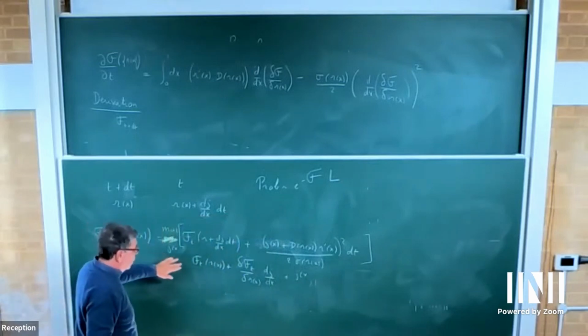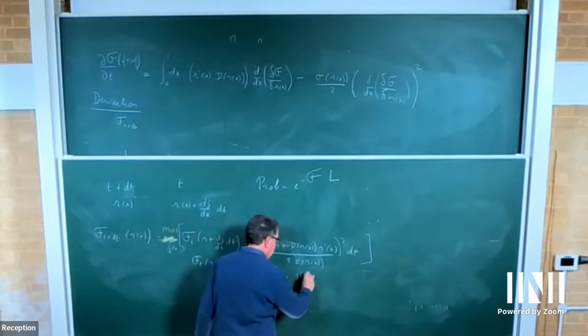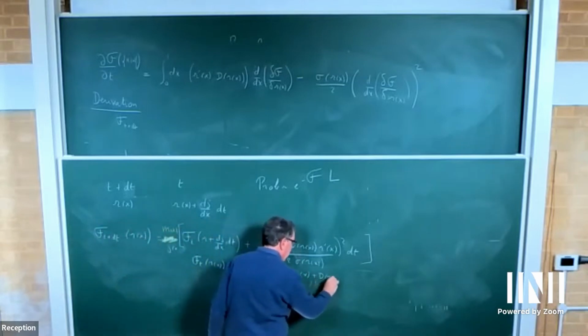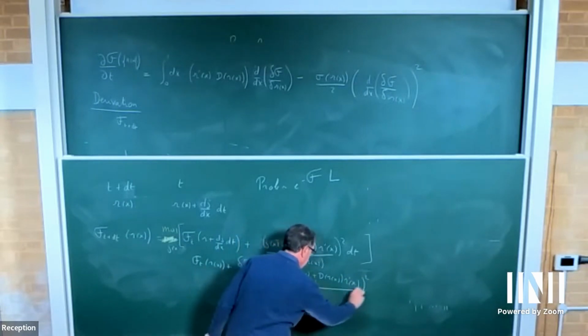So I have this part, and g of x plus the derivative of R of x, divided by sigma of R of x.